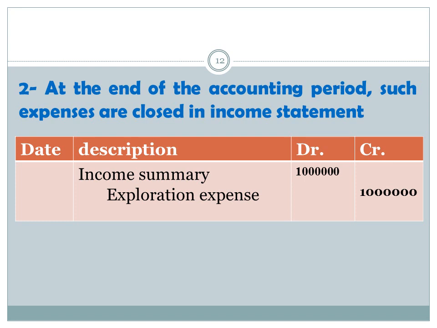At the end of the accounting period, such expenses are closed in the income statement. So exploration expense in the first stage will be in the debit side. When we close it, it will be in the credit side, and income summary in the debit side. 1 million debit, 1 million credit.